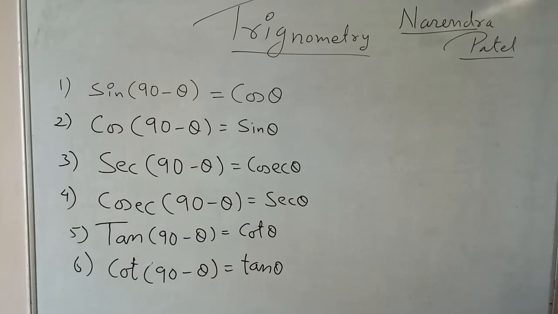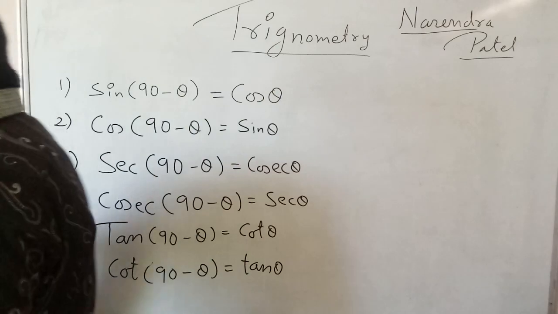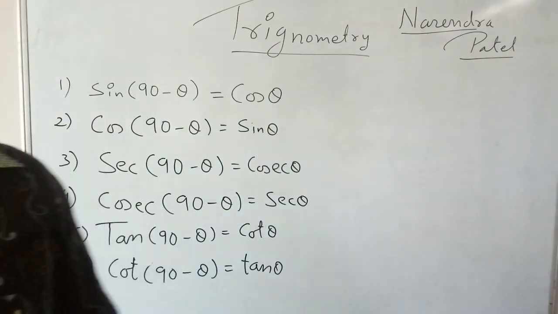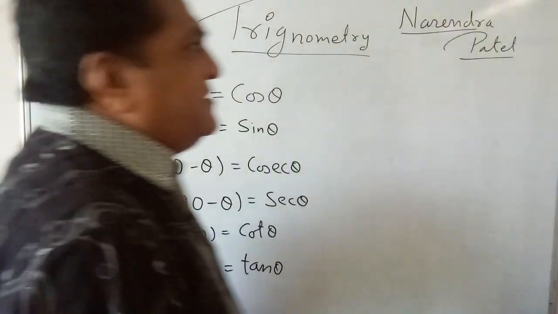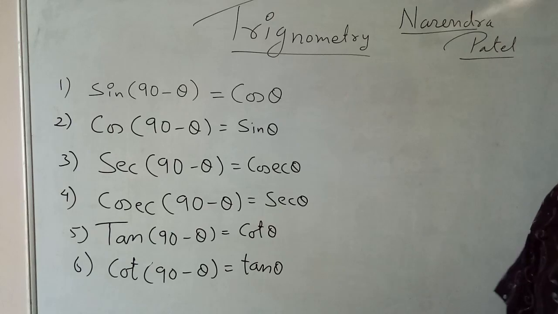You have to watch it. Any angle you can put and check from the trigonometric ratios that our answer is coming right. So this formula you can use to solve any question wherever it is needed. Last time you learned the values from the table, and from the table you were able to know that sine is increasing and cos is decreasing.